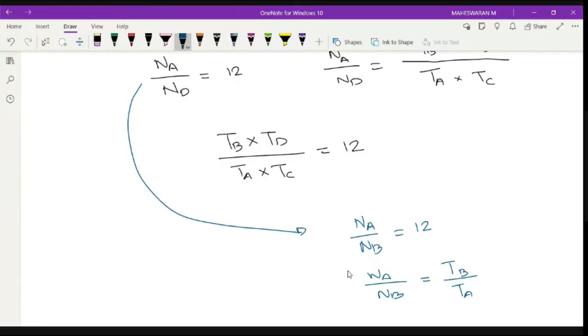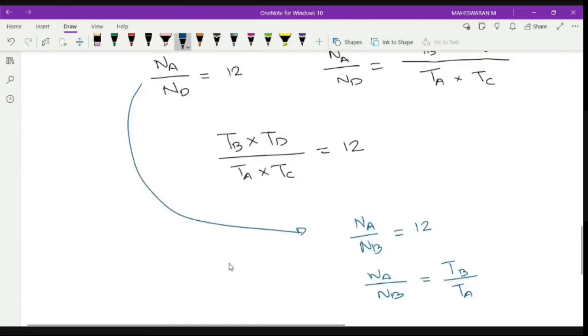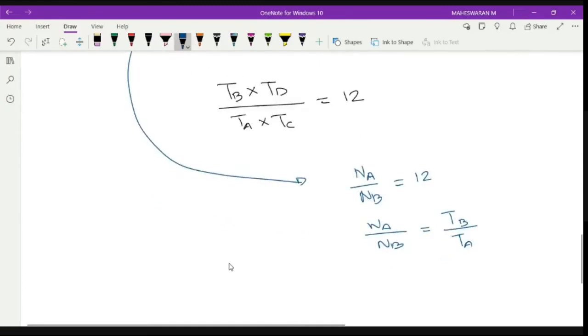I am splitting this into two. So this is one input with respect to that, we have another also. Able to get it? So this is 12, which means TB is equal to 12 times of TA. We get this as one equation.